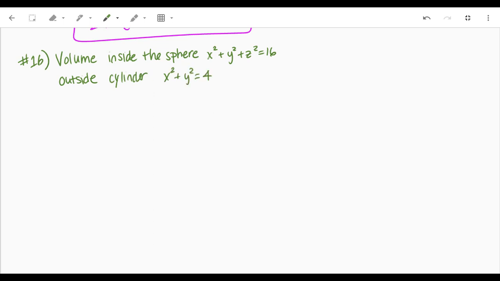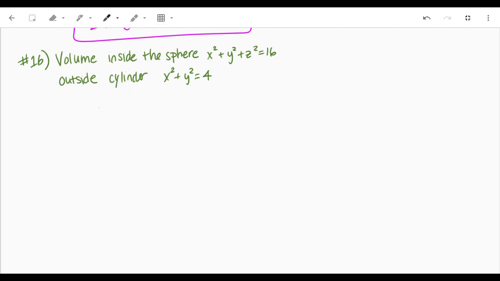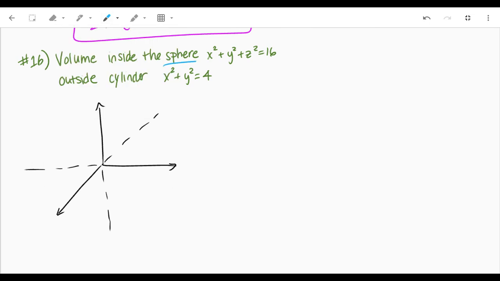Now let's think about what that looks like to the best of our drawing abilities here. Our sphere is going to be centered at 0, 0, 0, and it will have a radius of 4.